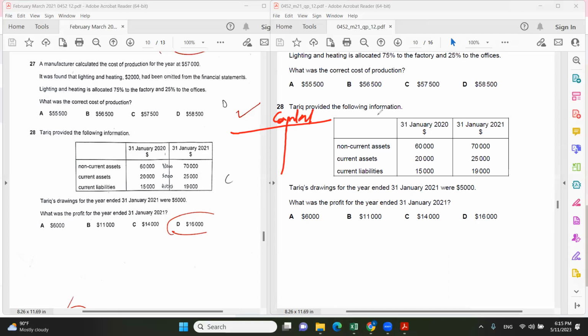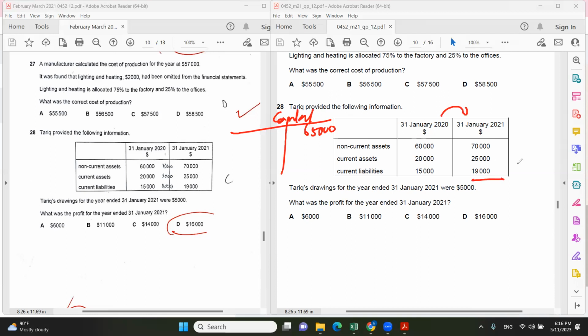This one will become the opening. Now I calculate total asset minus total liability: 80 minus 15, I get 65,000. So my opening balance for capital is 65,000.